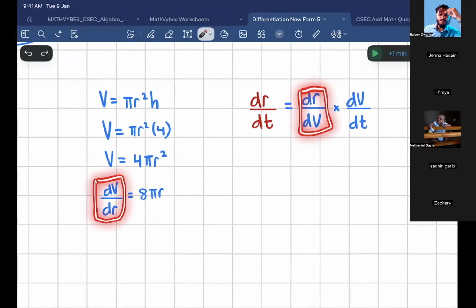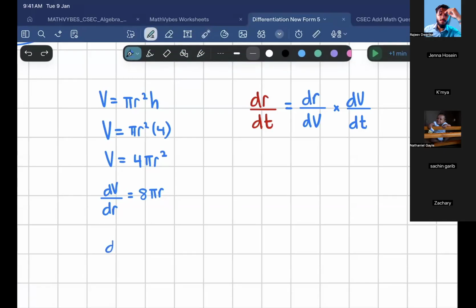How am I going to use dV/dr to find dR/dV? Yeah, you flip it, so 1 over 8 pi r. Yep, 1 over 8 pi r.